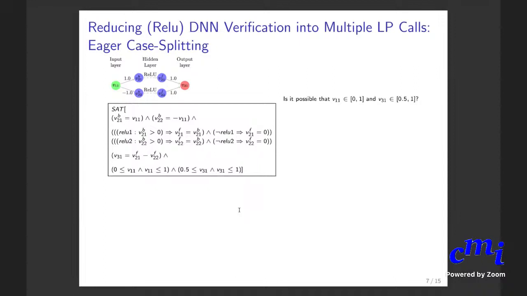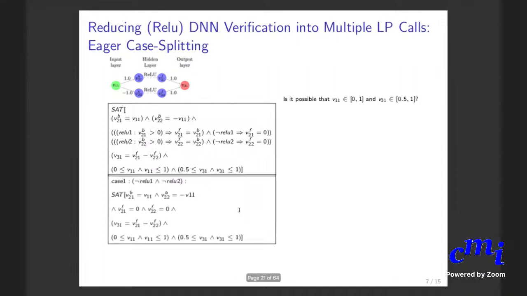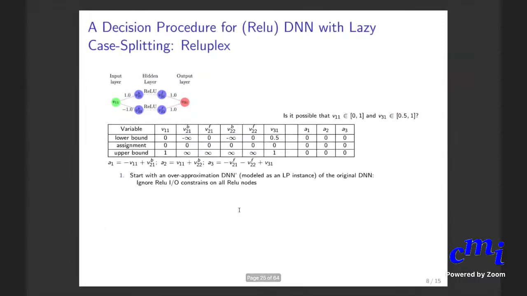Therefore, in this model, I'm introducing, for one equation, a slack variable that represents this linear relationship. So all these A1, A2, and A3 denote the linear expression that defines the value of the backward nodes, as well as V31, in terms of V21 and F.